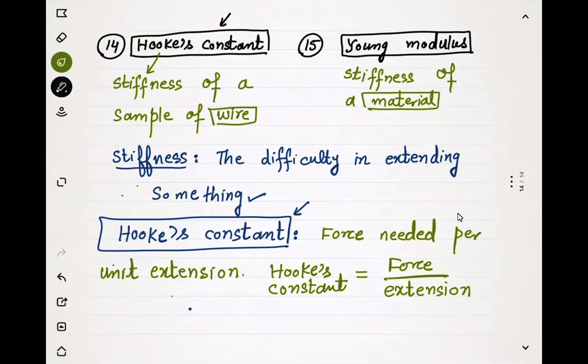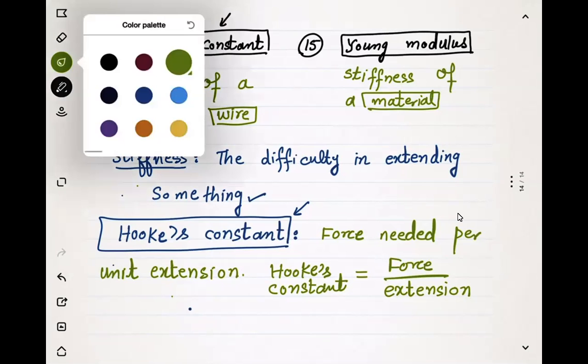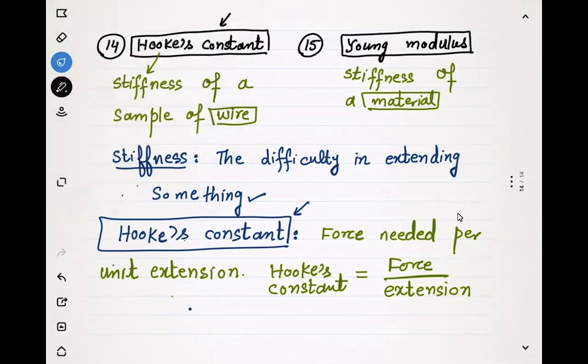And if Hooke's constant of an object is 1 million, it means that 1 million Newton of force is needed to extend this object by 1 meter. So Hooke's constant, represented by symbol K, is given as F over X. Now let's write the unit of Hooke's constant.